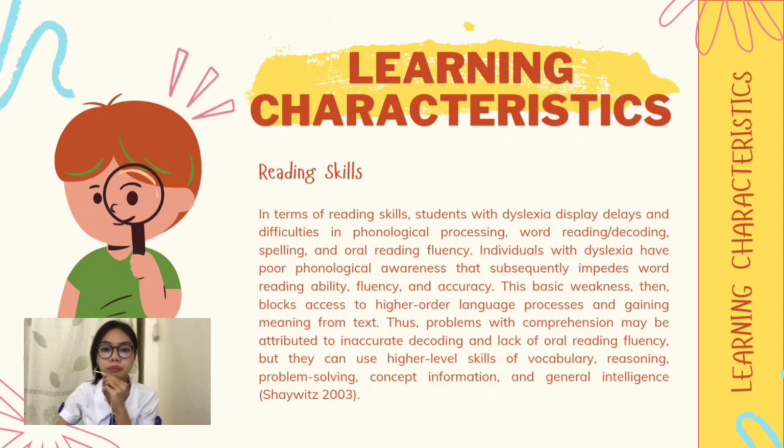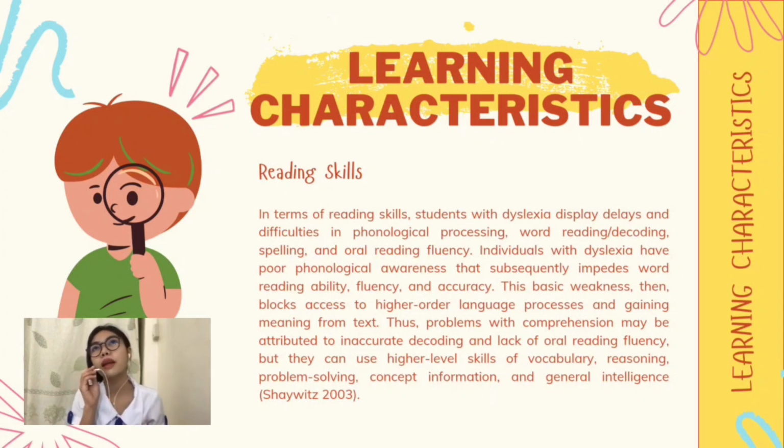Mao na kay less man ang ilang white matter, so those individuals with dyslexia, like they will really struggle when it comes to reading. And lastly, those individuals with dyslexia have anomalies in the size of the corpus callosum. So what is corpus callosum? Corpus callosum is the communication bridge between the cerebral hemispheres. So maora to akong mga na-search.